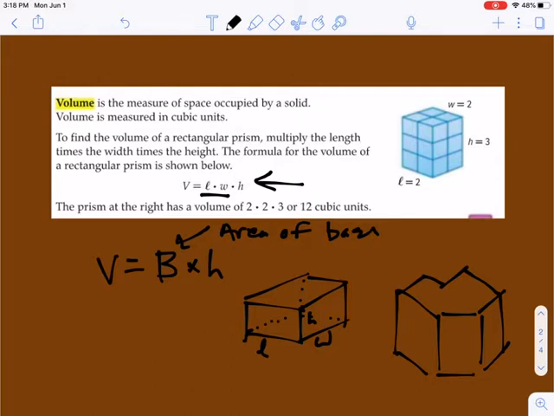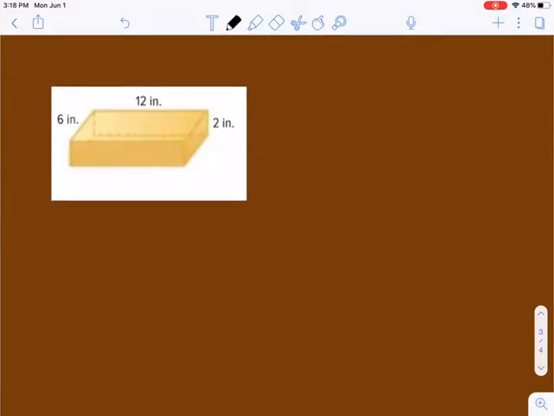You'd have to figure out the area of the base, and it's a weird shape, but you could do it, right? As long as you can figure out the area of that base, then you can find the volume. So I just want to point that distinction out, and let's do some problems.